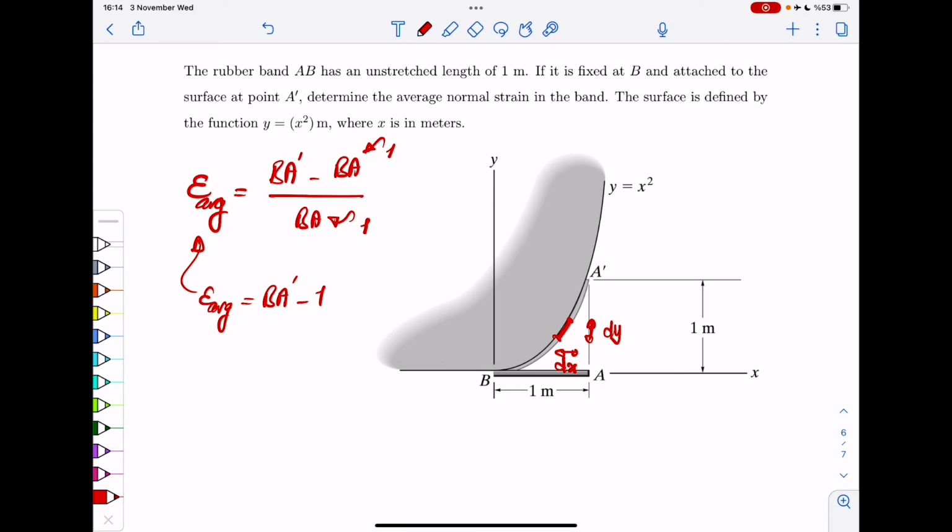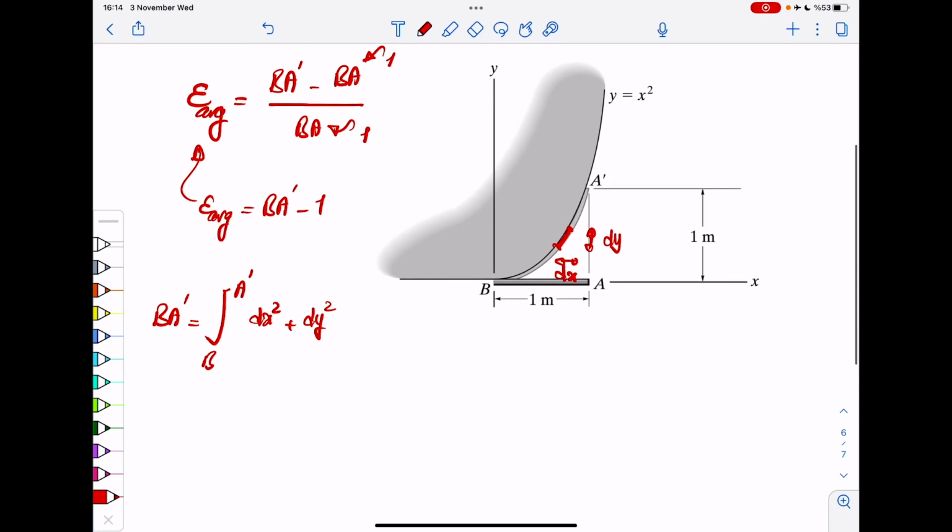Okay, so the length BA prime is an integral from B to A prime of square root of dx squared at every point plus dy squared, right? Okay?